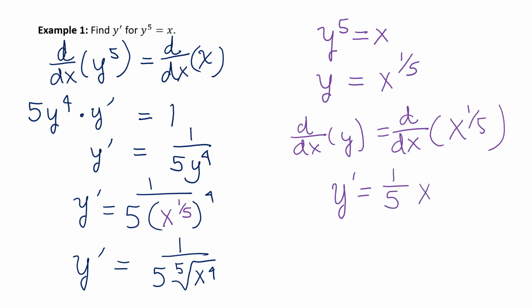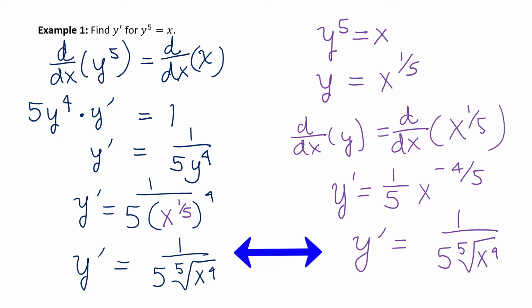You get x to the power of 1/5 minus 1, would be minus 4/5. Rewrite that without a negative exponent, and you get y prime is equal to 1/5, the fifth root of x to the 4th. Exact same thing as before when we did it with implicit differentiation.